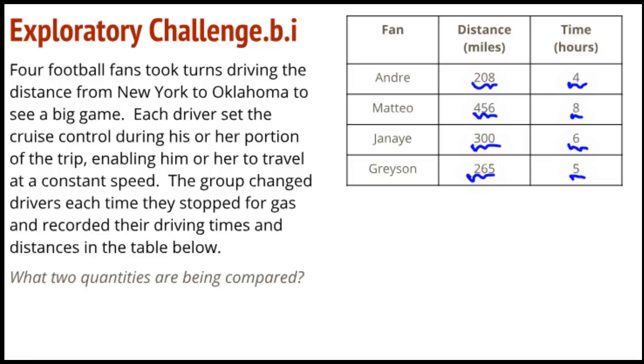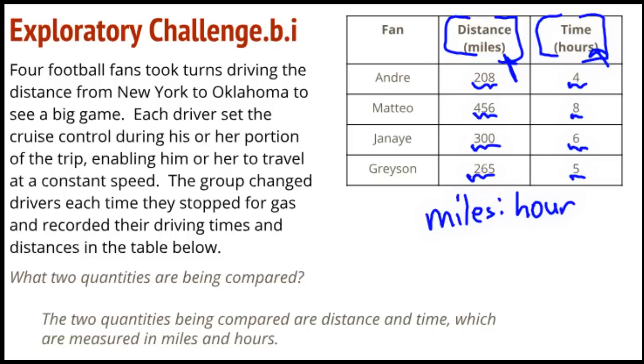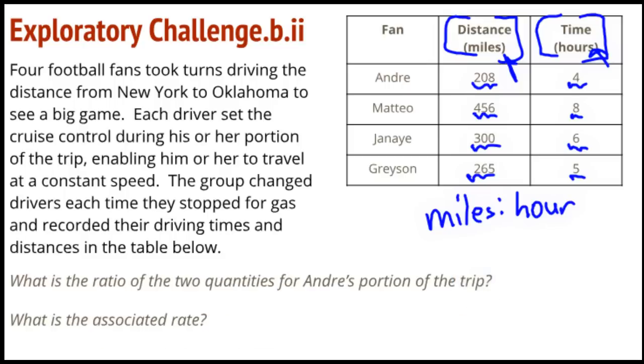Well, we are comparing distance and time. Specifically, we are comparing miles to hours. So we are going to have a ratio of miles to hours. That is our comparison. So the two quantities being compared are distance and time, and we're measuring them in miles and hours.